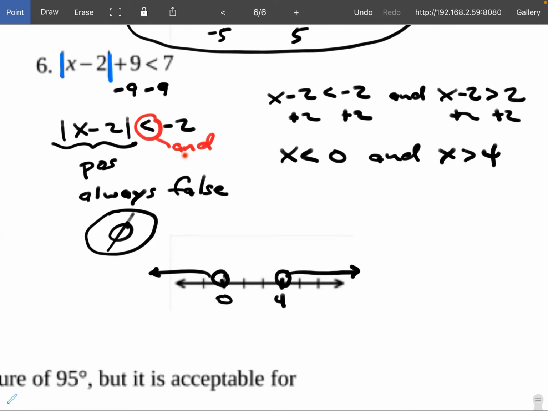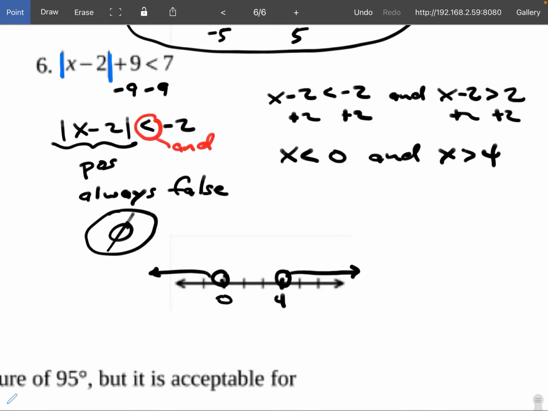So I got 0 and 4 on my number line. They're both open circles. I got x is less than 0 goes this way, and I got x is greater than 4 goes this way. It's an and. When it's an and, I'm looking for the intersection. So I'm looking for the double shaded part. What part of this is double shaded? What's that? None. Yeah, none of them.